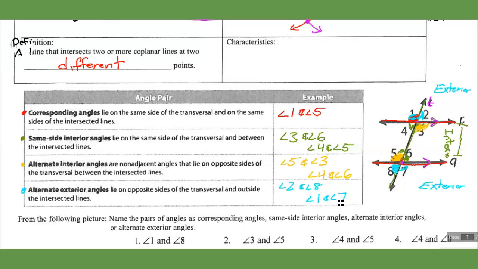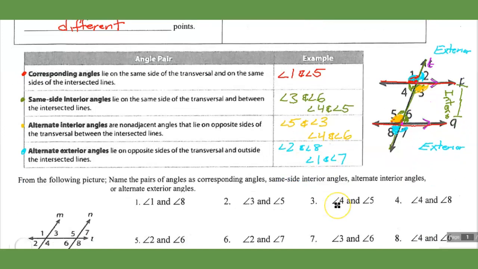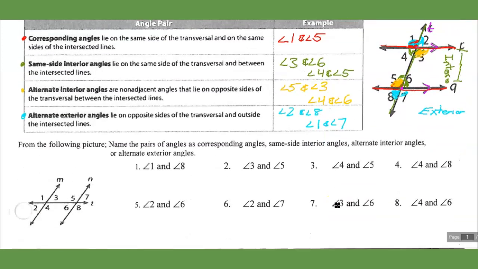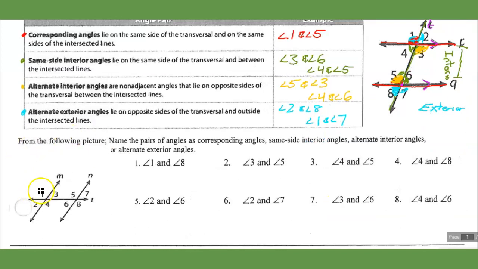Okay, so those are the brief definitions. Now let's do a little bit of naming angles. Let's look at 1 and 8. This is the interior, and this will be the exterior here and the exterior here.